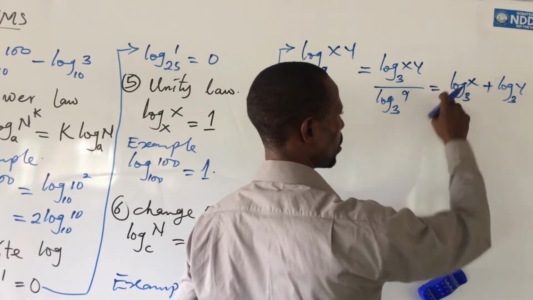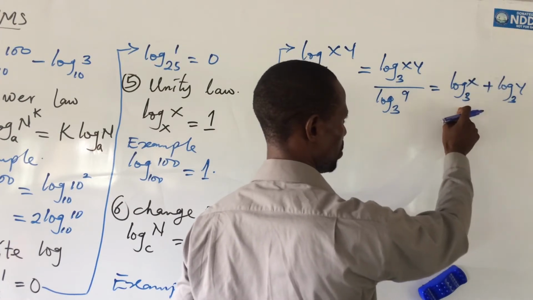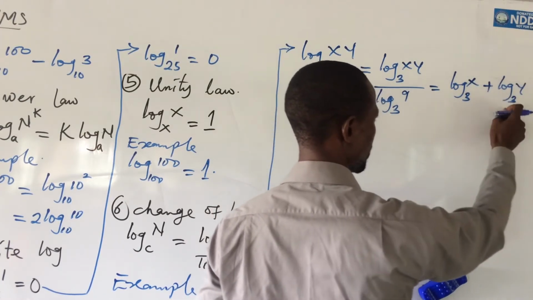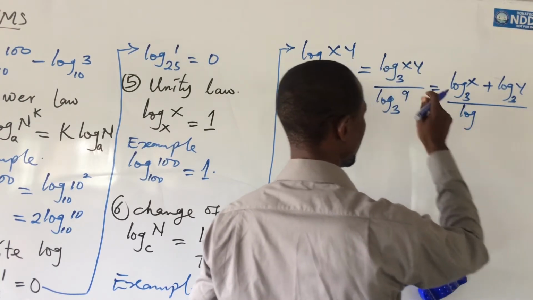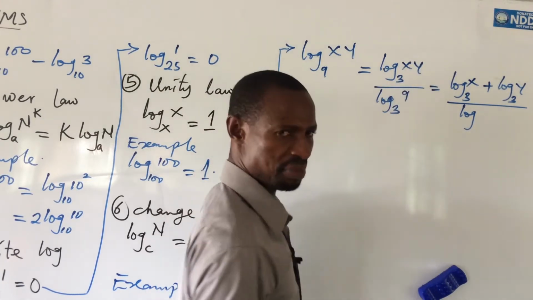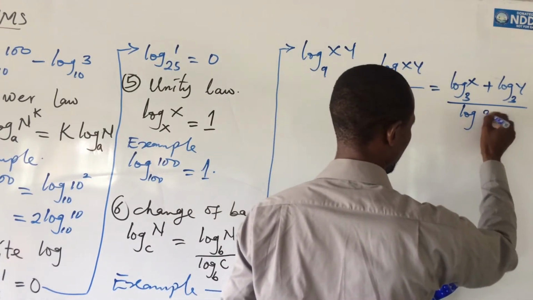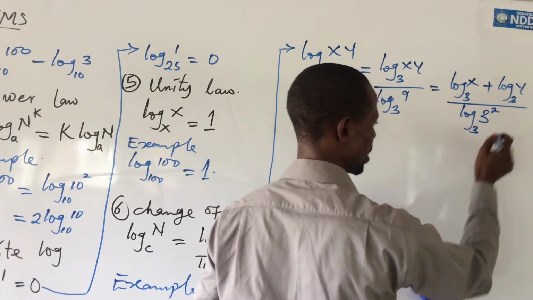This will now become log x to the base 3 plus log y base 3, all over log 9. Now, if I decide to put 3 here and raise it to 2, that will still give me 9. So 9 can also be written as log 3 to the power of 2 base 3.